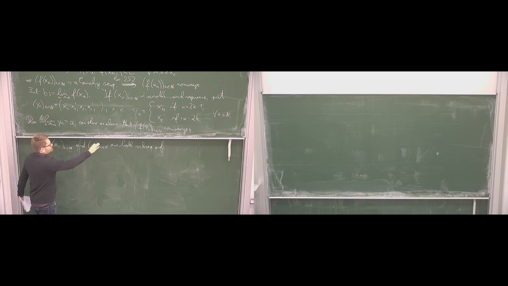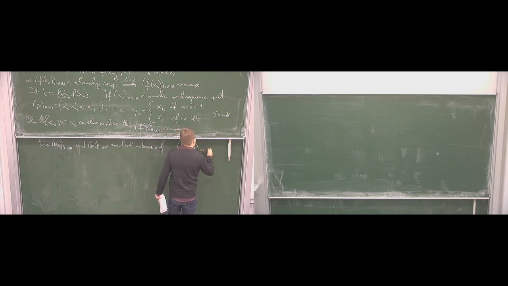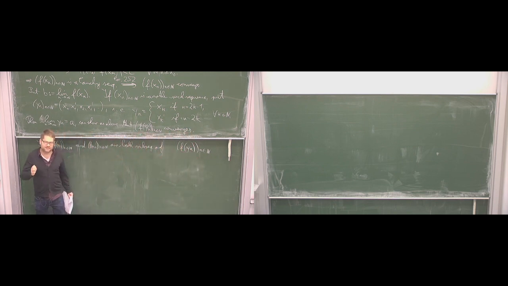One mistake I made: of course, the same goes for f. So from f(yn), we get the two subsequences f(xn) and f(xn prime). Since f(xn) and f(xn prime), this now looks terrible, but anyway, are both subsequences of this sequence here, now we're good, because we know that this sequence converges, so all the subsequences converge to the same limit.